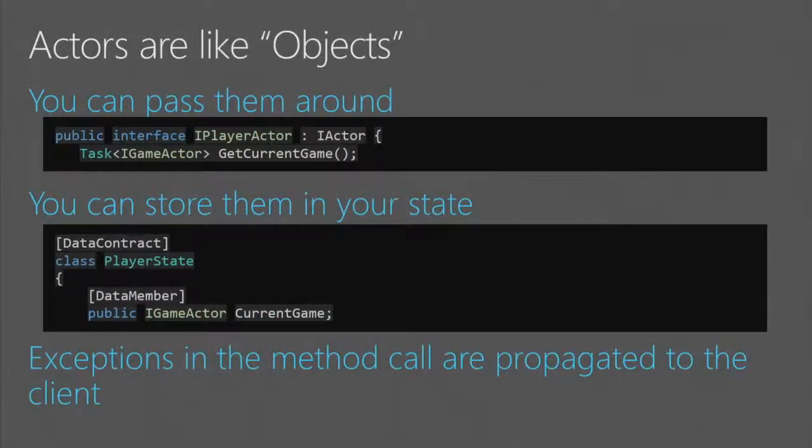The other feature is that actors are just like objects, so you can pass them around. You can store them in your state, and when you read your state, we'll rehydrate the actor with the appropriate proxy so you can connect to those actors. The exceptions that you may have in your method call also get automatically propagated.